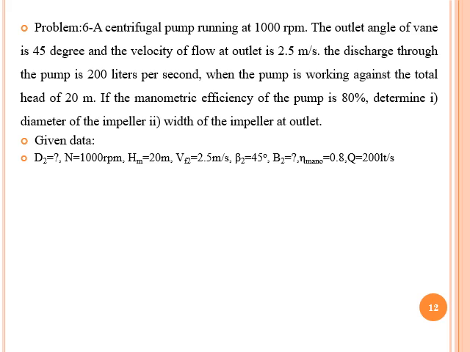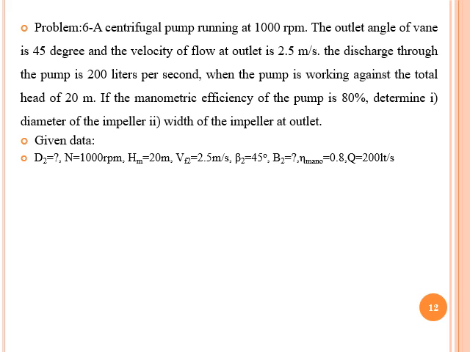So now the centrifugal pump is running at a speed of 1000 rpm, N equals 1000 rpm. The outlet angle of the vane is 45 degrees, beta 2 equals 45 degrees, and the velocity of flow at outlet is Vf2 equals 2.5 meter per second. The discharge through the pump is Q equals 200 liters per second, so convert that into meter cube per second by multiplying with 10 to the power minus 3.